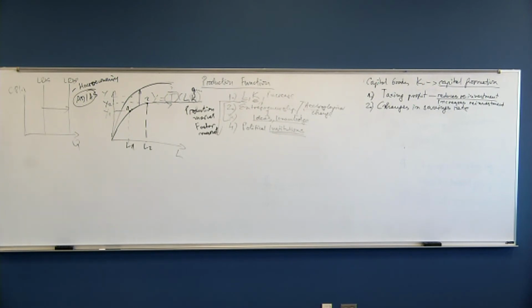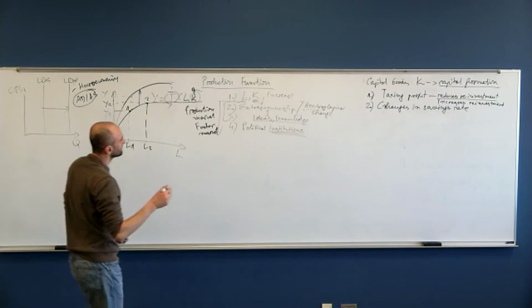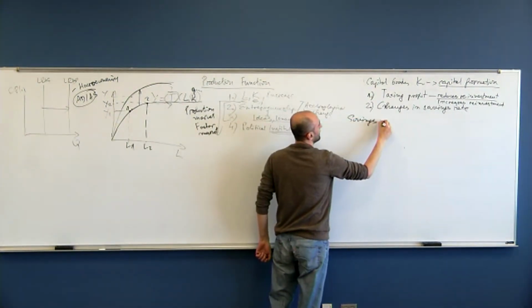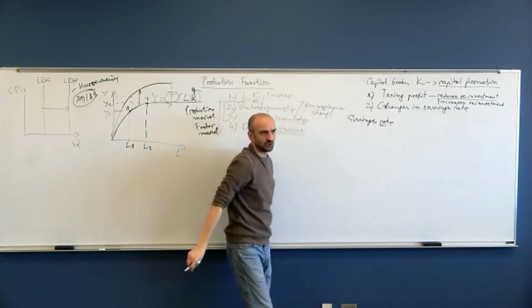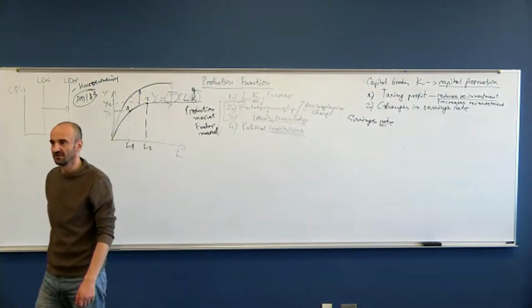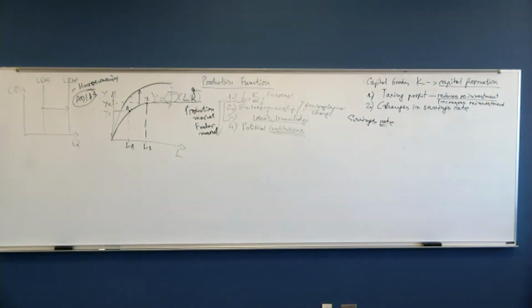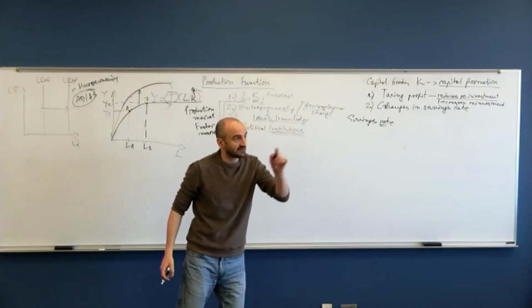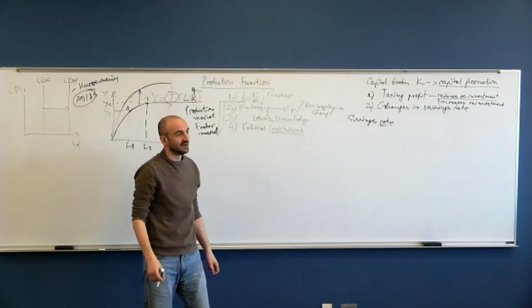Okay, what is the savings rate? Let's start from the definition. What is the savings rate? Can somebody define that? What is the unit in which a rate is expressed? Percentage. Okay, so what kind of percentage is that? The percentage that you don't spend. Exactly. Percentage of what?